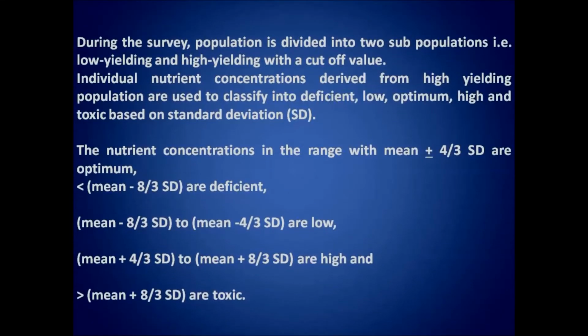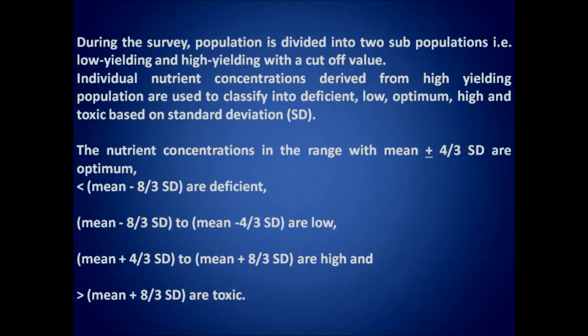During the survey, the population is divided into two subpopulations, that is low yielding and high yielding, with a cutoff value. Individual nutrient concentrations derived from the high yielding population are used to classify into deficient, low, optimum, high and toxic based on standard deviation, SD. The nutrient concentration in the range of mean plus or minus 4/3 SD is optimum.